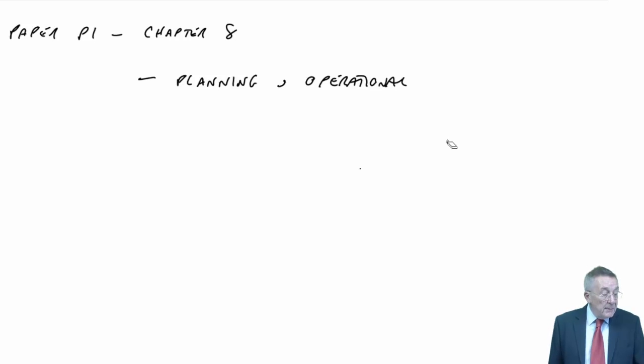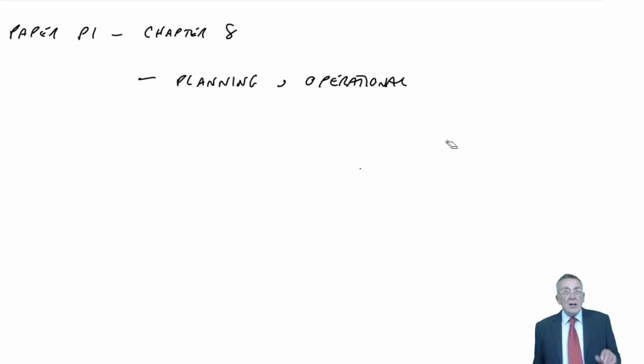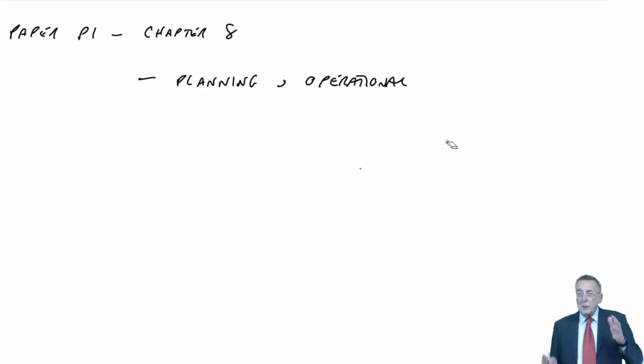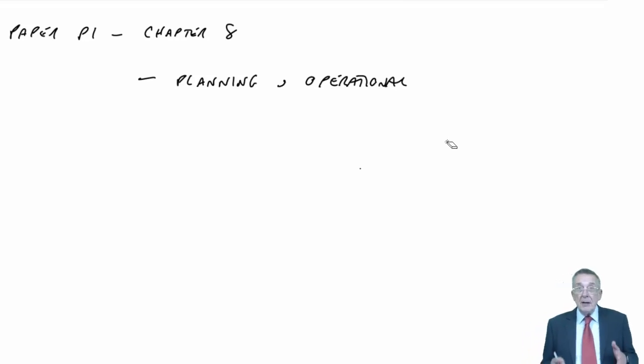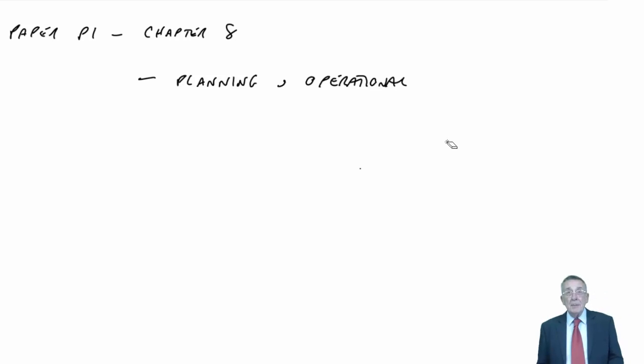Now, before I do it, I'd better make it clear there are two standard ways of calculating these variances that give different answers. And people argue as to which is better. There's a logic to both. I'm going to do it the way that CIMA prefers and the way you need for the exam.